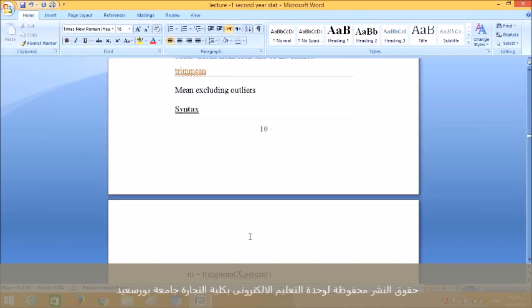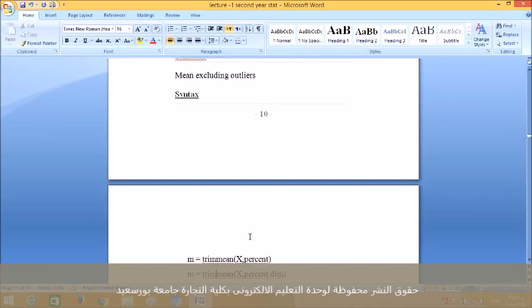What is the syntax of computing trimmean? M equals trimmean(x, percent), and trimmean(x, percent, dim).